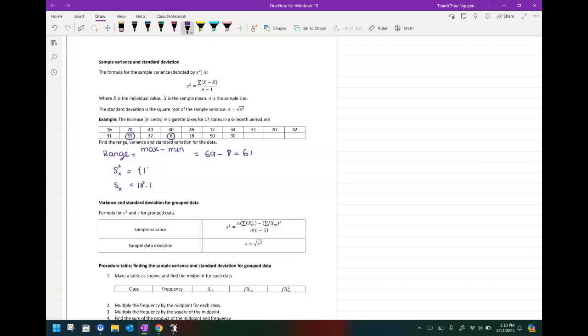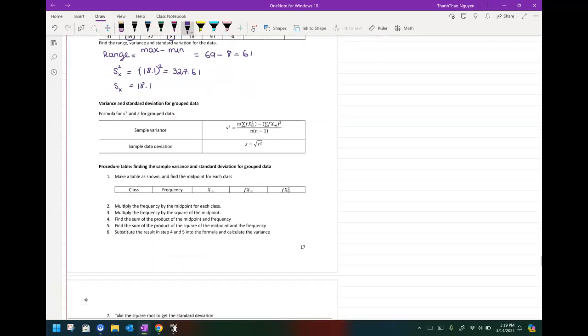The variance is 18.1 squared, and that is 327.61.